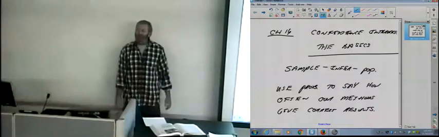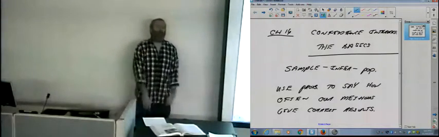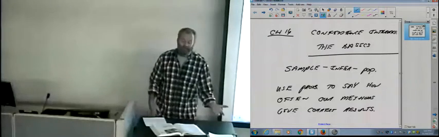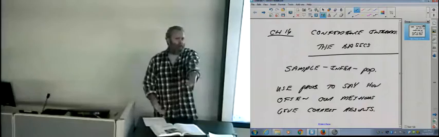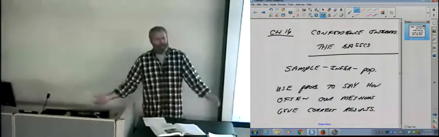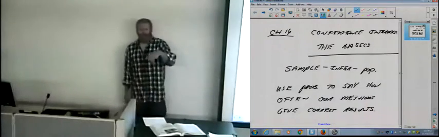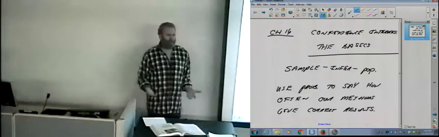Translation is we're going to attach a probability to our method that tells us, look, if you did this over and over and over again, this is the probability that we would have a correct result here. Based off of one sample, I can't tell you right or wrong.